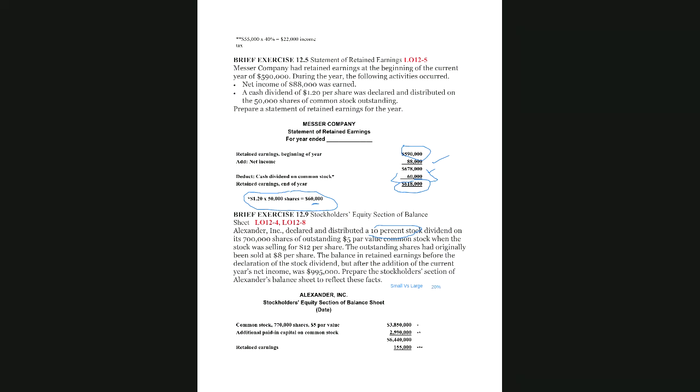What you're also going to remember is that if it is a small stock dividend, which is the amount that is going to be capitalized? If it's a small stock dividend, the amount that's going to be capitalized out of retained earnings, excellent, Denise, is the market value.